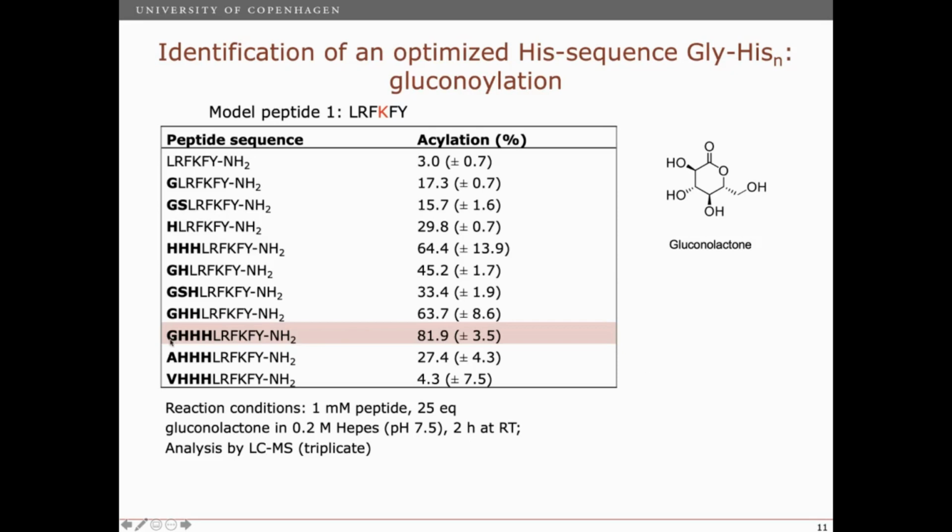I also should say that in my understanding, it's attractive to express a protein not with an N-terminal histidine, but with an N-terminal glycine and then histidine. So there is a chemical reason as well as a protein expression reason for doing this. But if you had a protein with an N-terminal histidine, that can also be acylated with this if you have a sufficient number of histidines here.